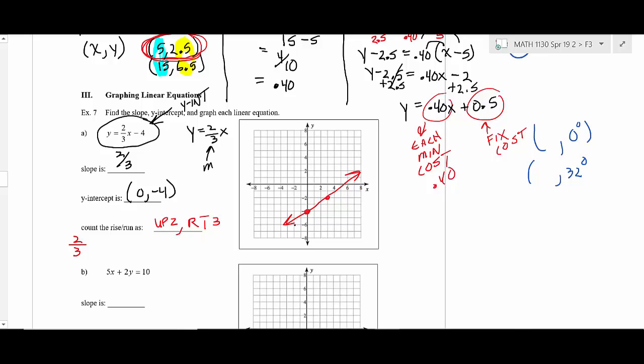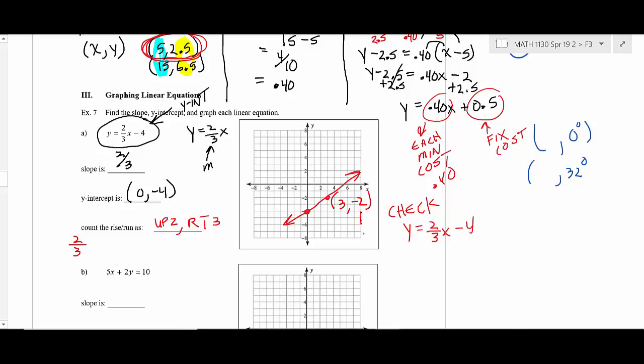I'm going to show something on this also. When you go up 2 and right 3, you end up at the point (3, -2). Now, there's a way to verify that that point's right. Do you know how you do that? Plug it in, exactly. If you want to check, it's easy enough to do. You've got y equals 2/3 x minus 4.